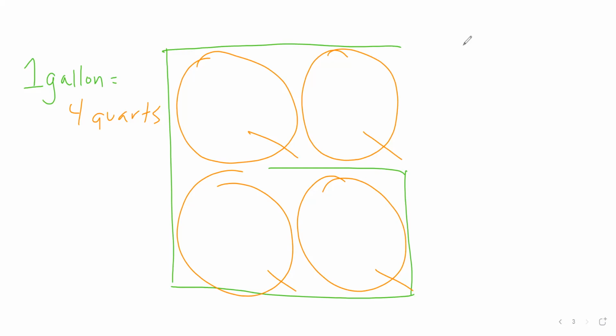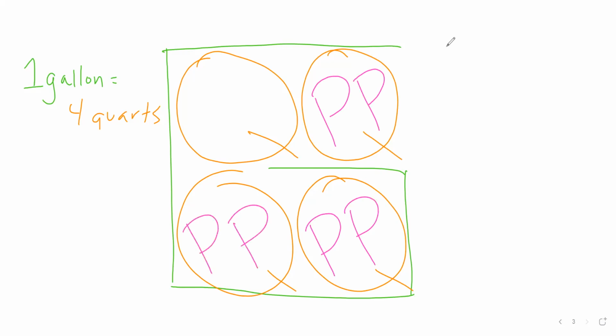And then inside each quart, we go to the next level, we have pints. So I'm going to put a P in each. This again is helping us see our one to many and understand all these conversions. So in this case, when I have 1 quart, that is going to be the same thing as 2 pints.